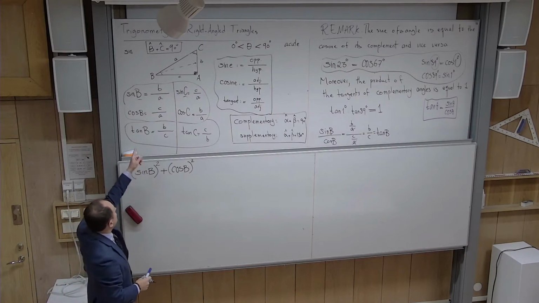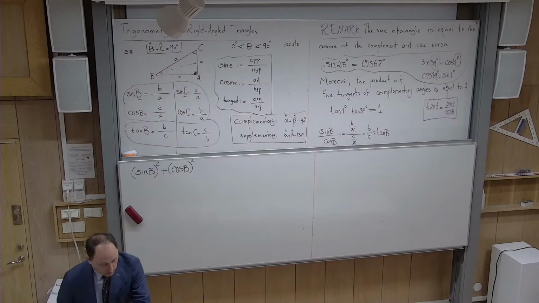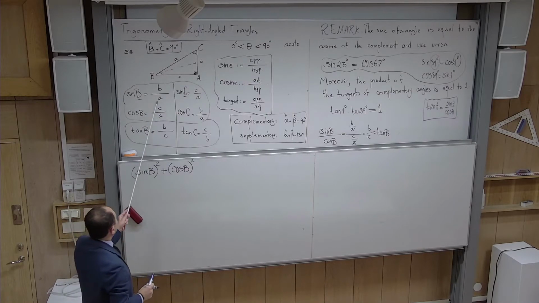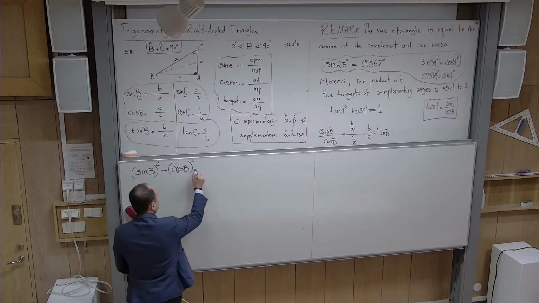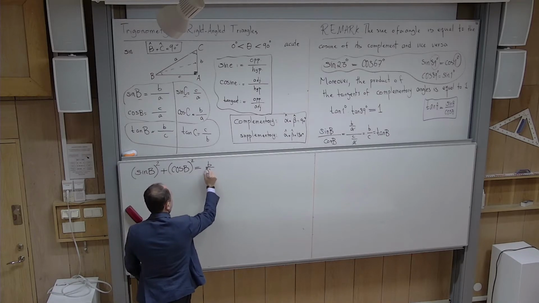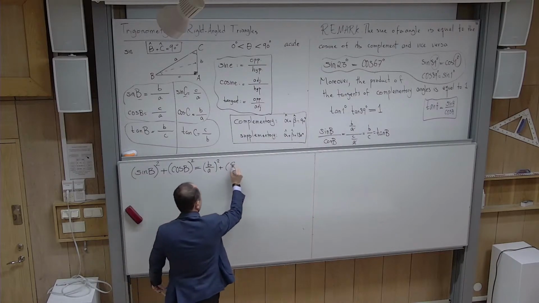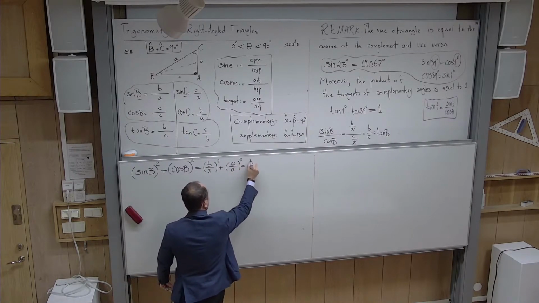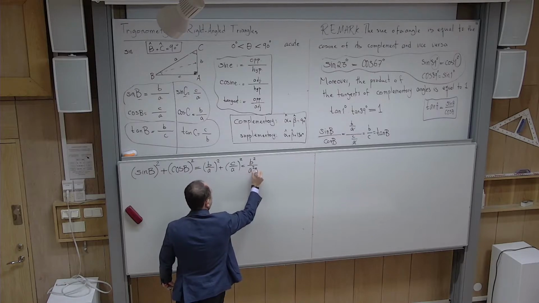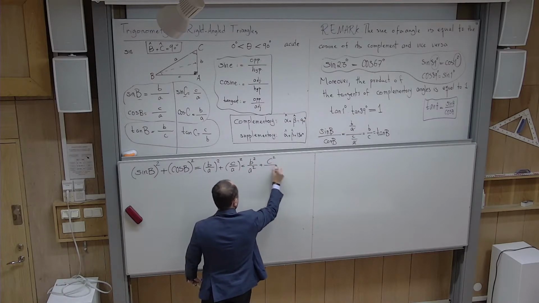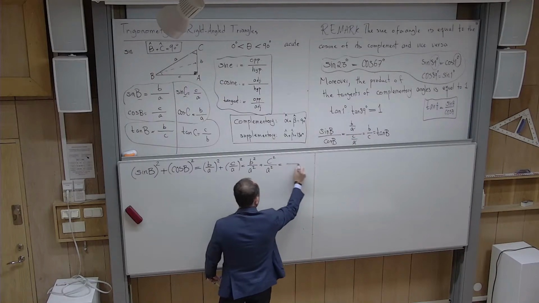Instead of sine b, I can put b over a, and then to power 2, and for cosine b I have c over a, to power 2. So it becomes b squared over a squared plus c squared over a squared, but the denominators are the same.